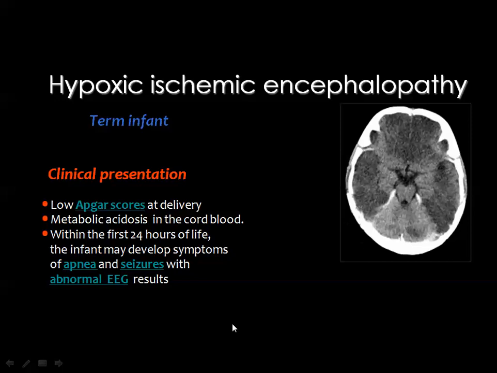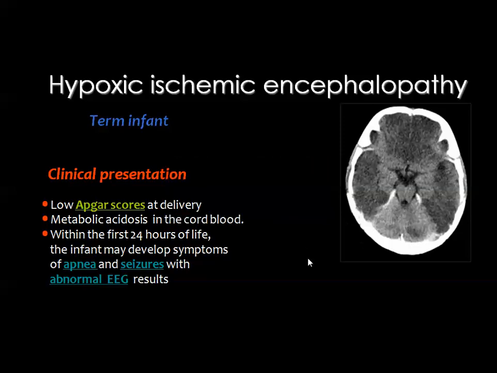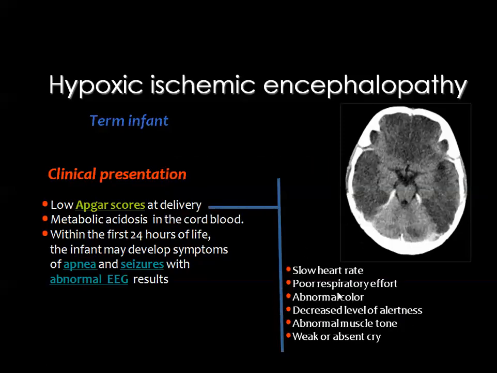Then the hypoxic ischemic encephalopathy in general, in the term infant, will present clinically by these manifestations. As the pediatricians know, a patient will have a low Apgar score at the delivery, and this will include the slow heart rate, poor respiratory effort, abnormal skin color, decreased level of alertness, abnormal muscle tone, and also maybe weak or absent cry.